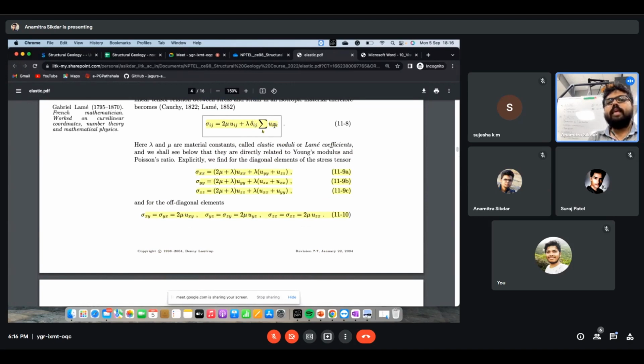So this kk becomes xx, so you will get one contribution from this lambda, and other than that, you will also get uyy and uzz, right? Do I have to write it down, or are you getting it?